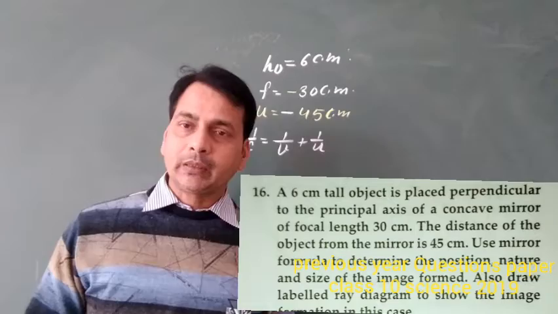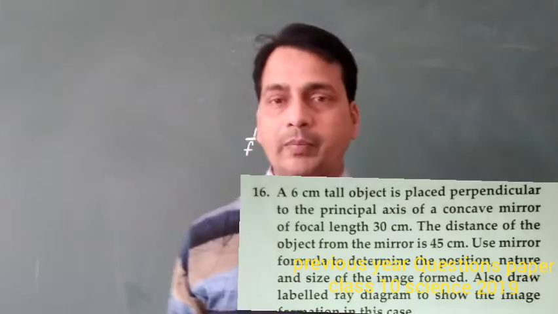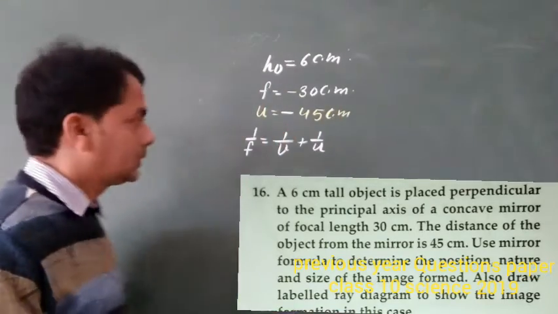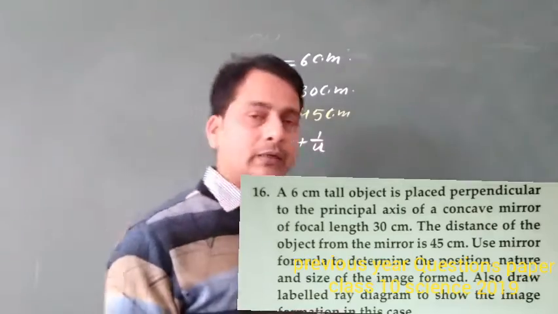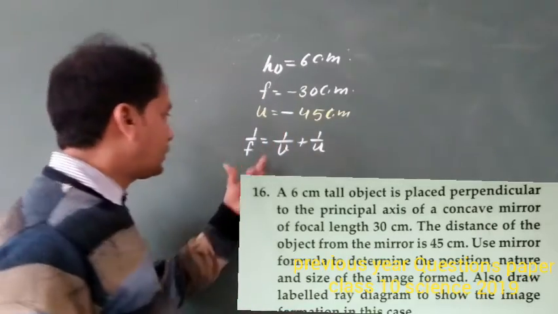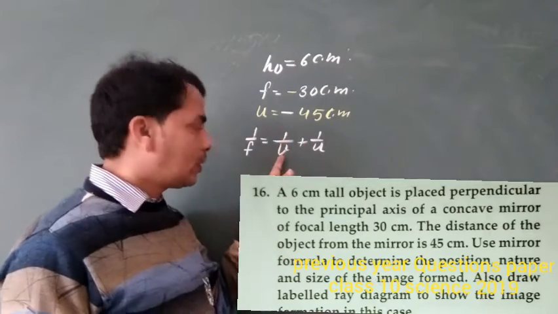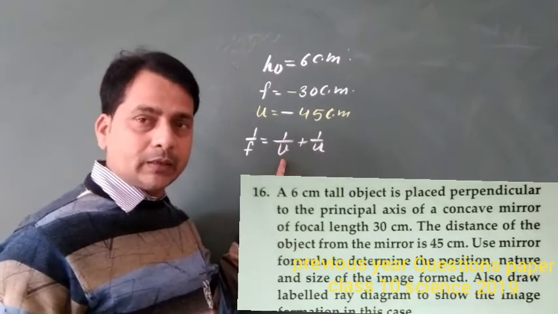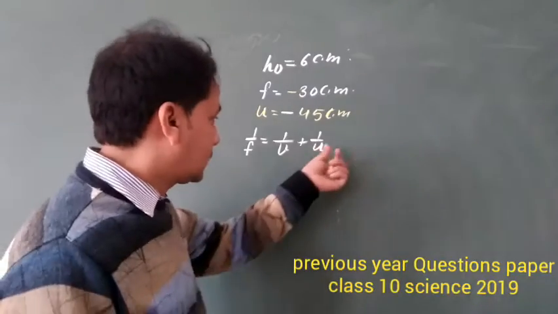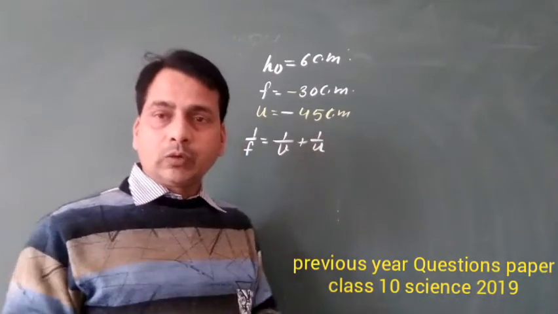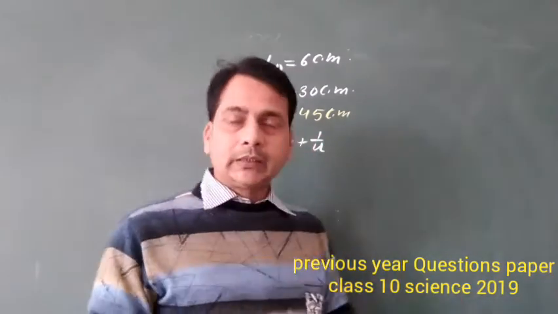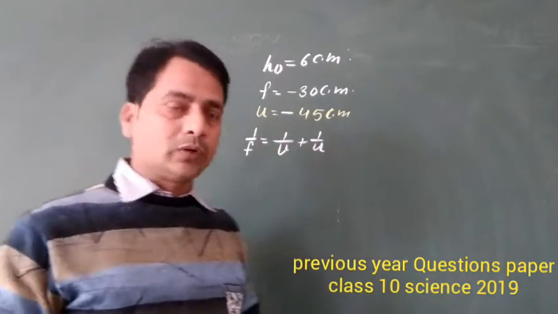This is the relationship between the focal length, image distance and object distance. Here v denotes the image distance and u denotes the distance of the object from the pole.